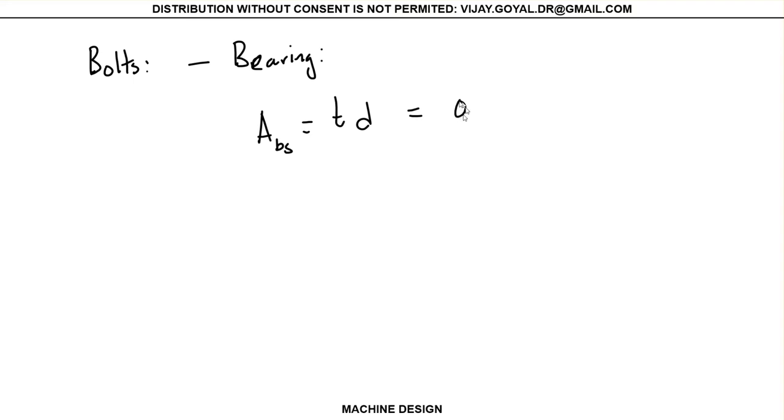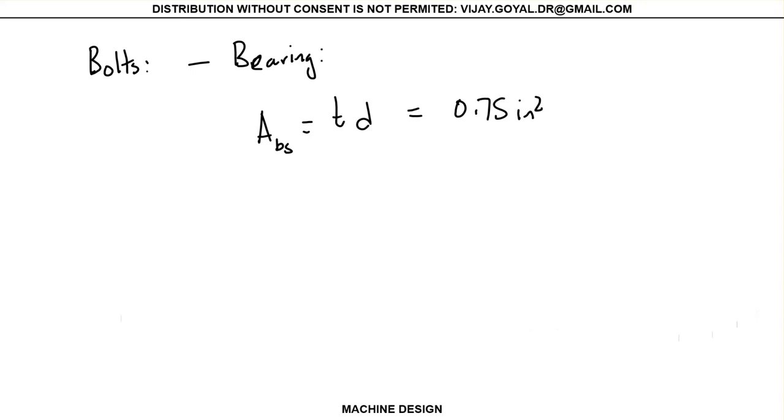The next thing we want to check is bolts. I'm going to check bearing in the bolt first. The bearing in the bolt is given by the following equation. The area is 0.75 inches squared.